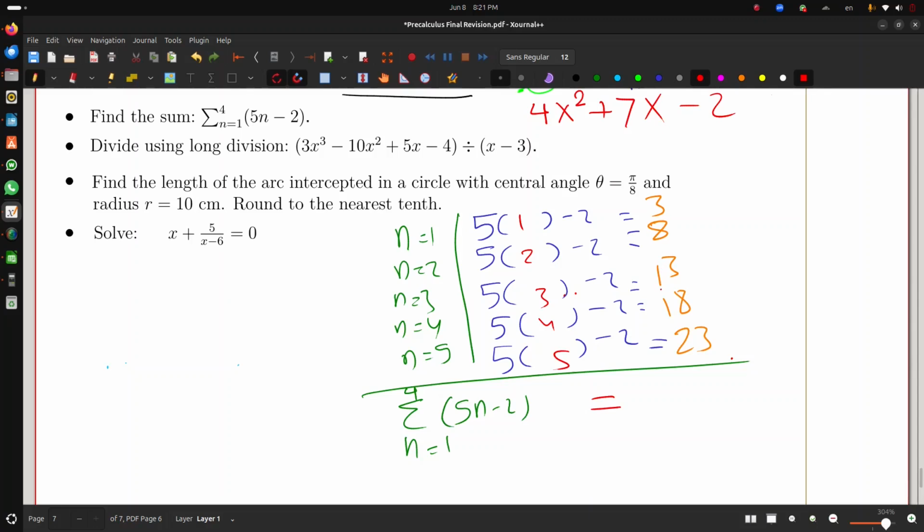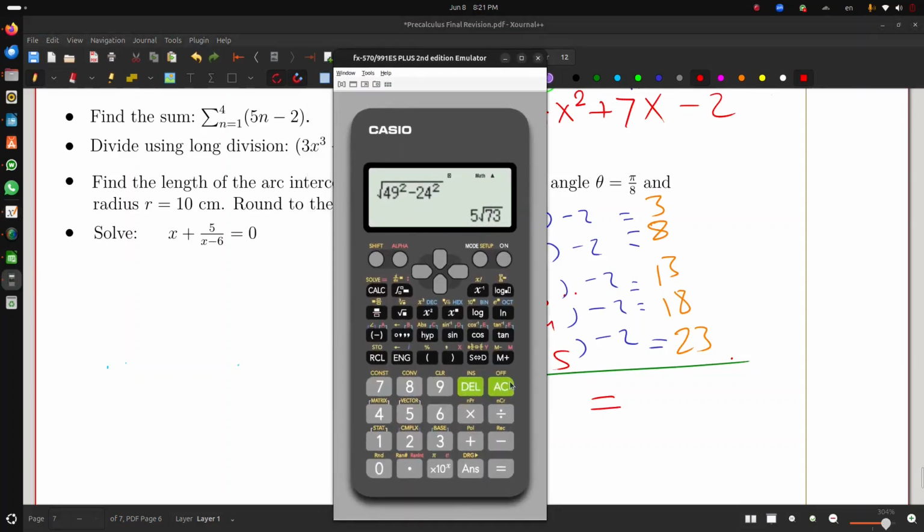It will be 11, 24, 42, 65. 65, but let's be sure of it. Okay, 65.